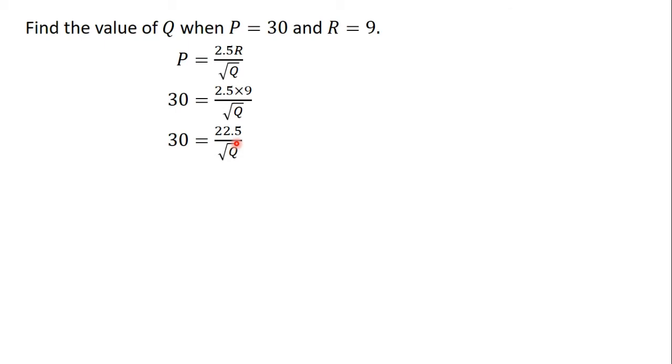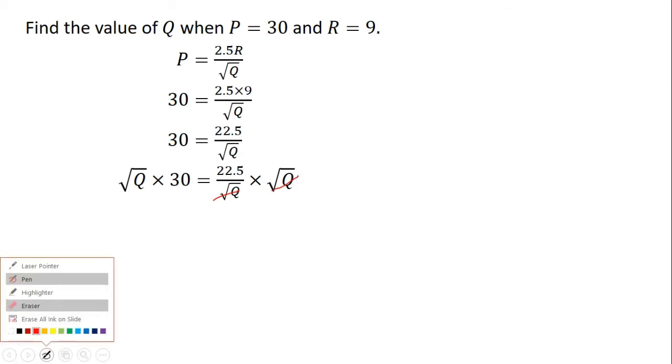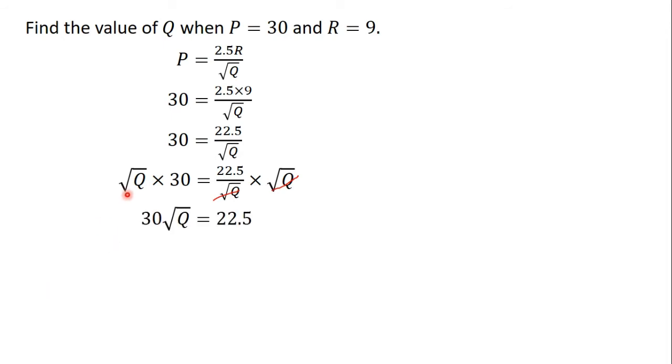To help us find Q, I'll multiply the left hand side by the square root of Q and the right hand side by the square root of Q. If we do that, we can see that the square root of Q and the square root of Q here will cancel. So we are going to have the square root of Q times 30, which can be written as 30 square root of Q, and this is equal to 22.5.